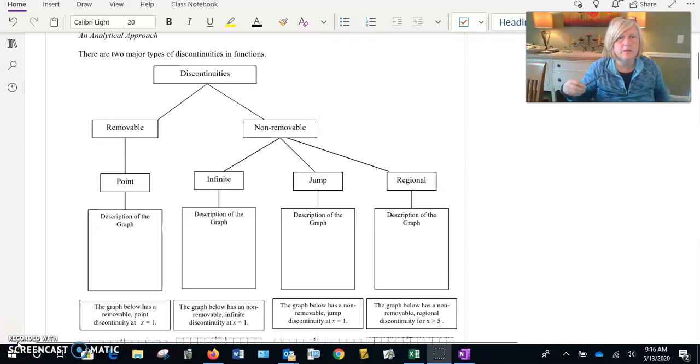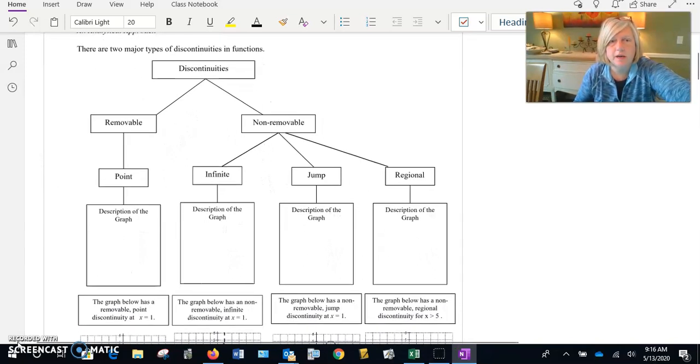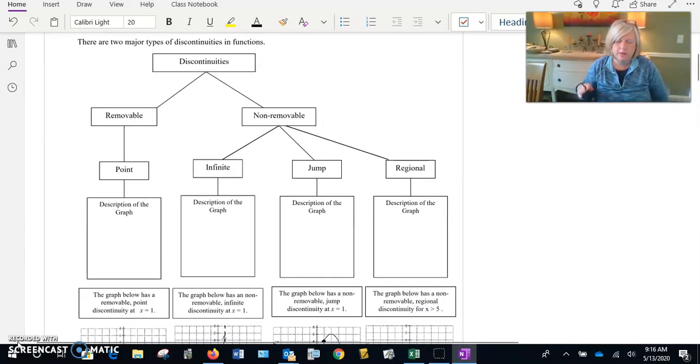Okay, so coming into our class notes here on discontinuities of rational functions, I'm going to remind you of what those different major types of discontinuities are. As we've been using this terminology all along, there are really two types of discontinuities: removable and non-removable.